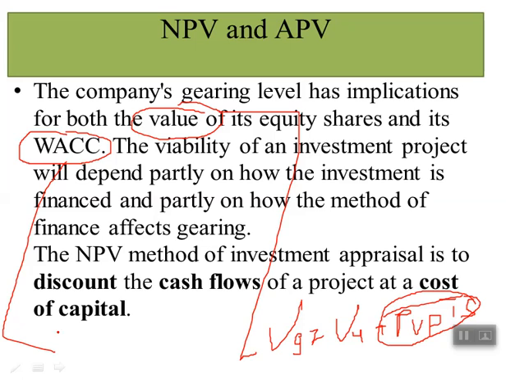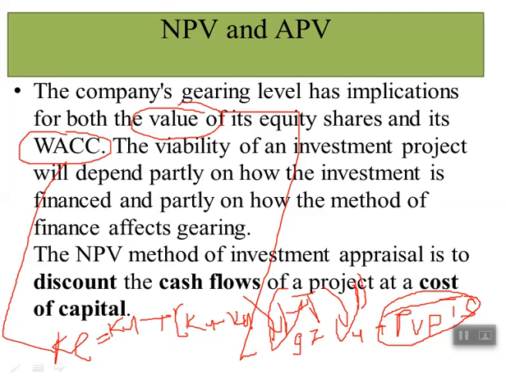In this case, the cost of equity is equal to the cost of ungeared equity plus, in brackets, cost of ungeared minus cost of debt, times 1 minus t, and then the debt tax shield.